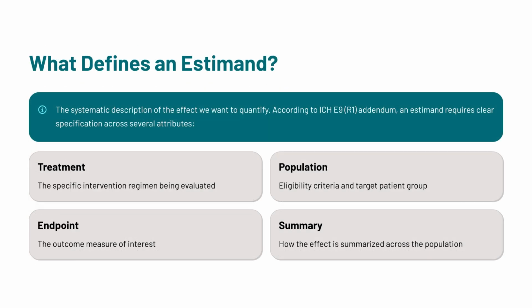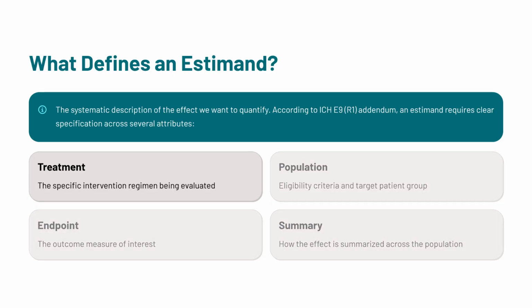Okay, let's clarify the central concept behind the trial: the estimand. The International Council for Harmonization Guideline on Statistical Principles for Clinical Trials includes the addendum on estimands and sensitivity analysis. This report defines the estimand as a systematic description of the effect we want to quantify. The estimand tells us precisely what treatment effect we're aiming to estimate.